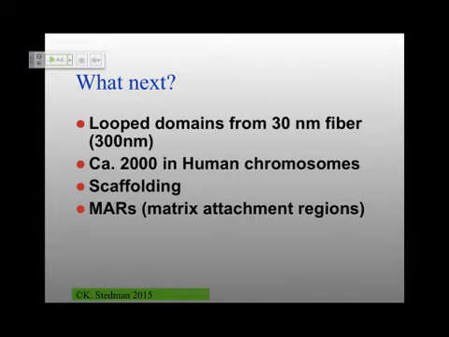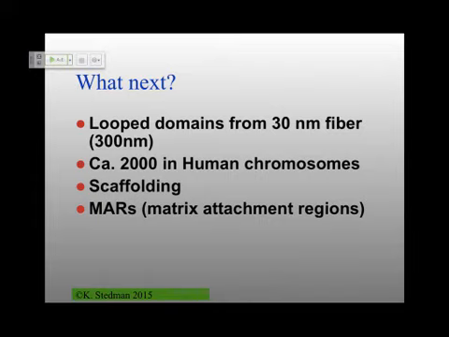When you talk about a domain of a chromosome, that's a piece of the chromosome that doesn't necessarily have a function, but it's usually kind of separate from the rest of the chromosome. And so usually each of these loop domains has one particular activity to it. We know there are about 2,000 of them in human chromosomes, and holding them together are a lot of those other non-histone proteins that you find when you look at DNA.